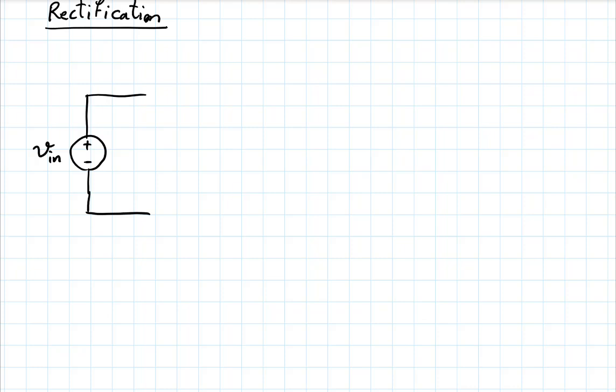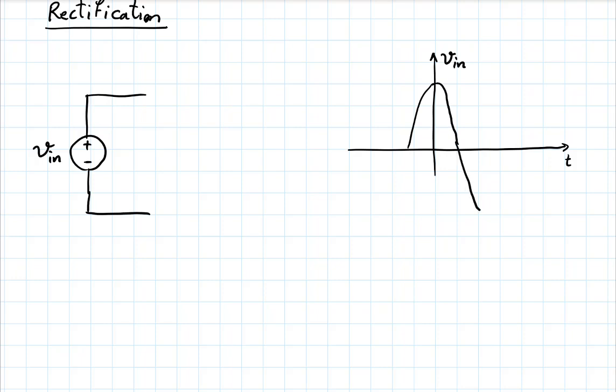And this input voltage is an AC signal, let's say a sinusoidal function. So I'll draw it here. Let's say a cosine function like this, as a function of time.